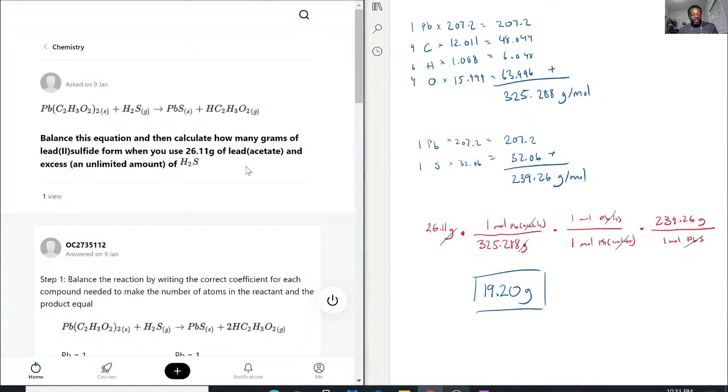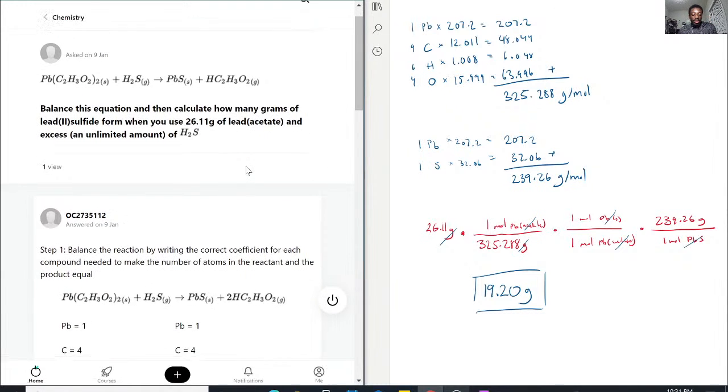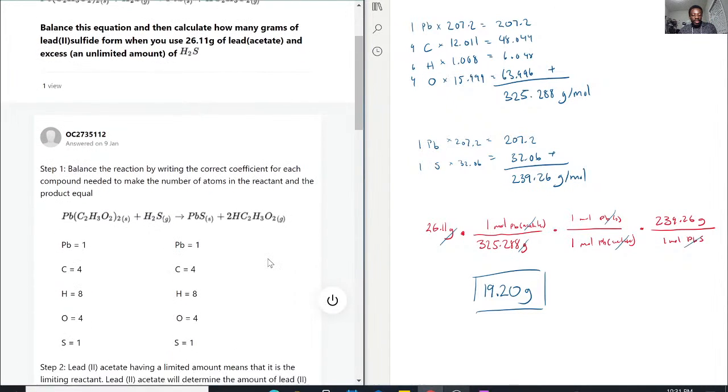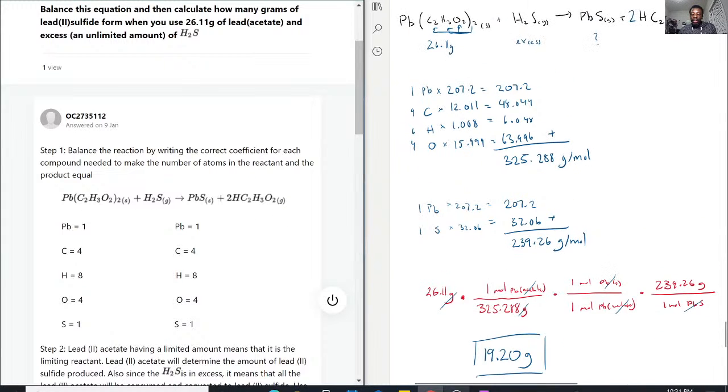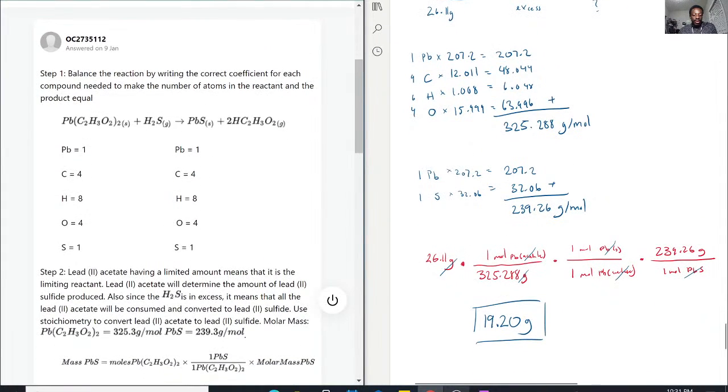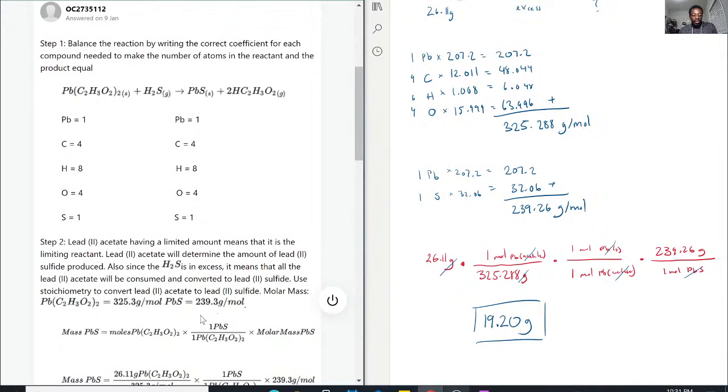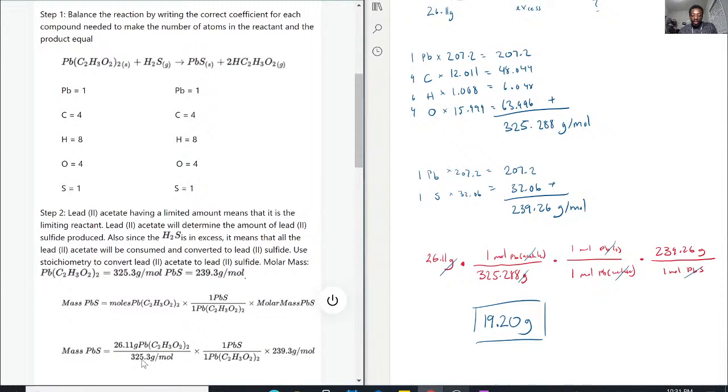So, with that being said, let's see what our colleague got. We have this, and they did balance it out, which is perfect. All they did was add the 2 there, as we did. Okay, and they got the formula here, and they got the 325.3, which is close to what we got, and they got 239.3, which is close to what we got as well.